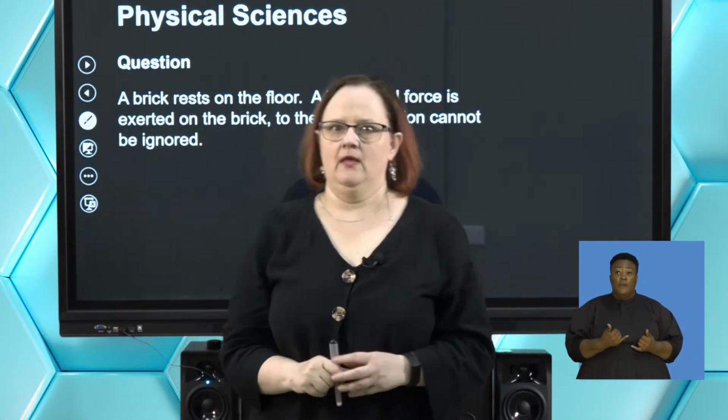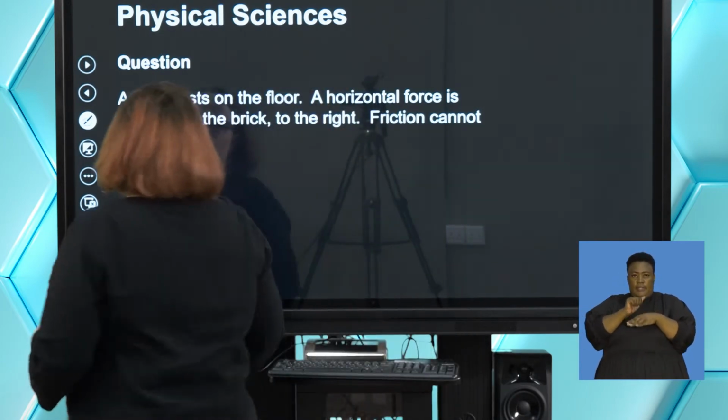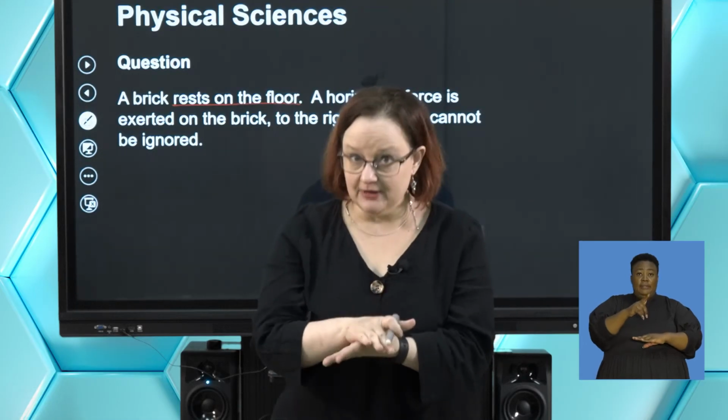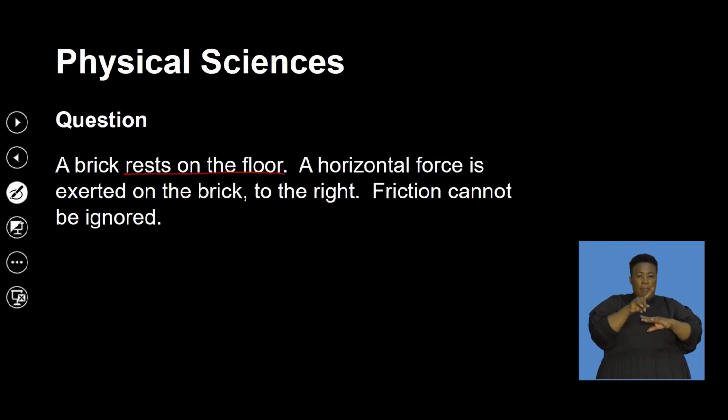Now, a brick rests on the floor. Rests means it's stationary. It's implied. Okay, they're not telling you it's stationary, it's implied. A horizontal force is exerted on the brick to the right.